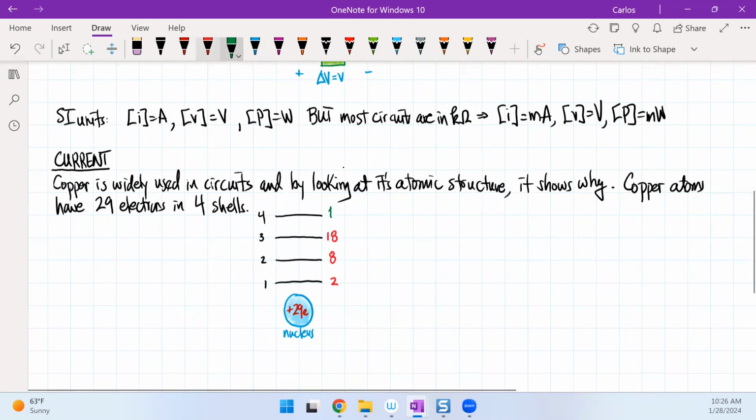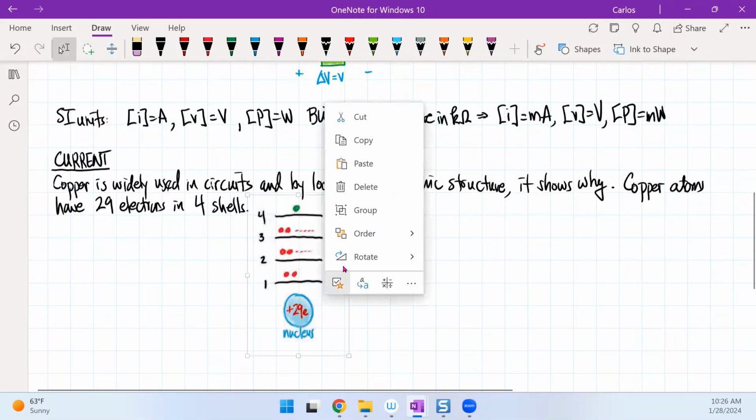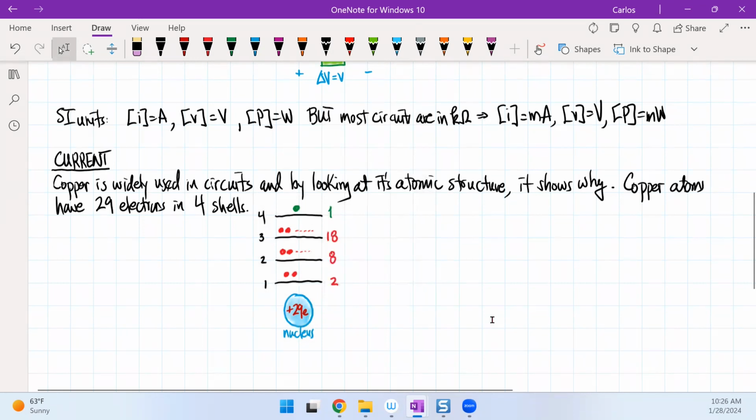So there's an isolated electron on this shell right here. When we say these shells, we really mean that they're energy levels of the electrons.